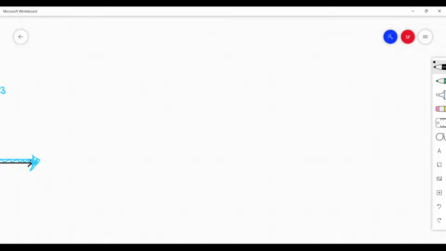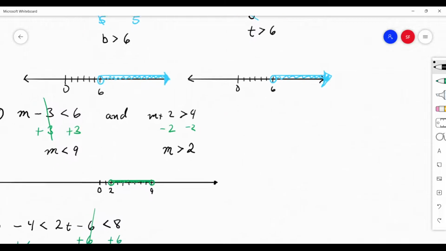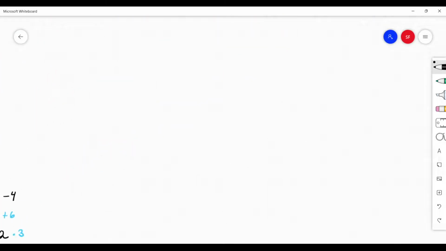It's good. Okay, so here, what is this? Example 10? Yes, example 10. Example 10 is going to be the absolute value of 3d minus 1 is less than or equal to 8.